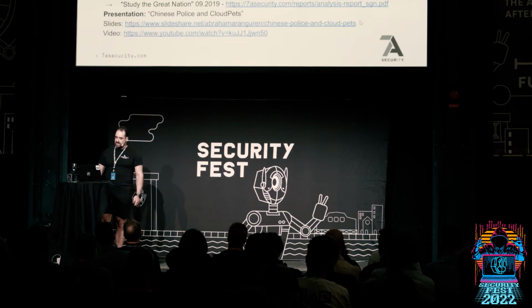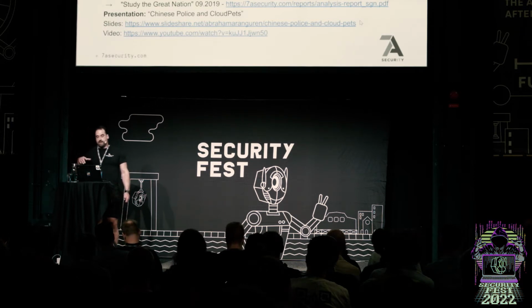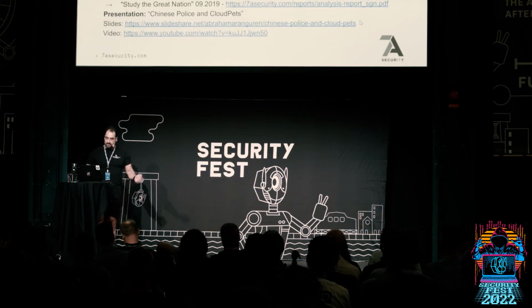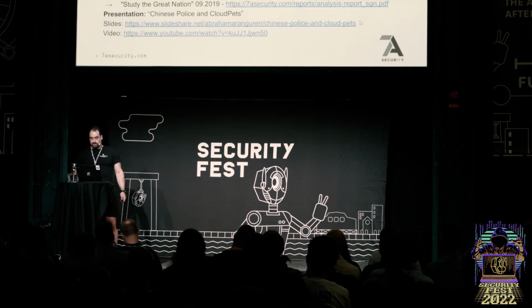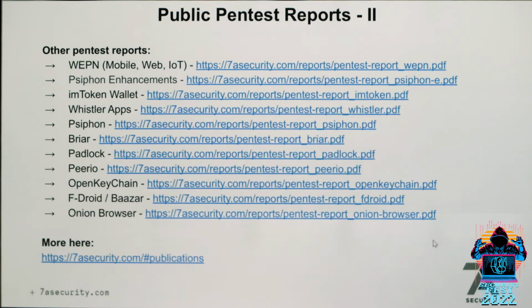And then study degradation is an interesting concept where the application is not mandated in the entire country, as Smart Sheriff was in Korea, but it is encouraged in China. The more you know about the great leader of China, the more points you get, and with these points you can do some cool stuff. I gave a talk about this at SECTI, so maybe some of you Swedish people were there or watched it. That was Chinese police and cloud pets, so you can see a recording there.